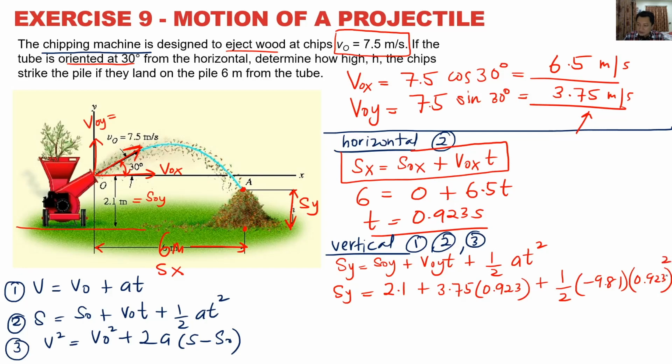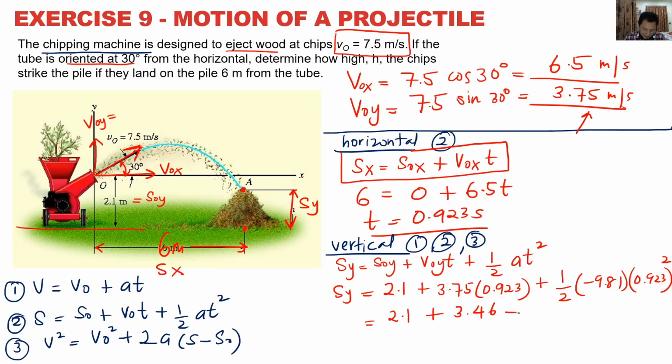0.923 squared. So how much? 2.1 plus 3.75 times 0.923 is 3.46, minus 0.923 squared times 9.81 times 0.5.